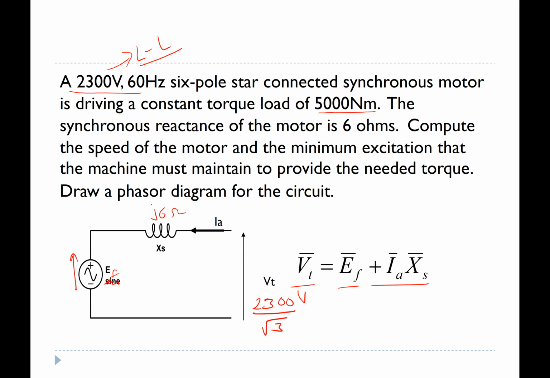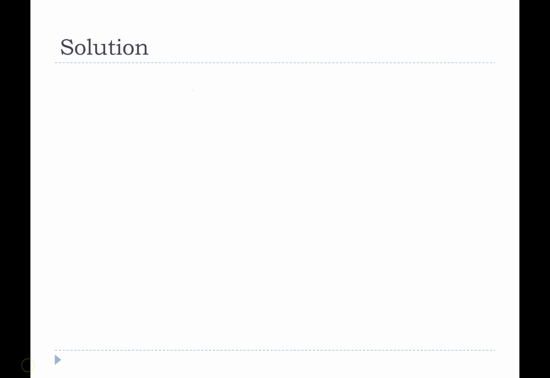So I want to find first of all the speed of the motor. And to determine the speed of the motor, it's just like in the induction machine. If I find the synchronous speed, it depends on the frequency and the number of poles. So to begin with, I want to find the speed in RPM. So here I have 60 multiplied by the frequency, cycles per second.